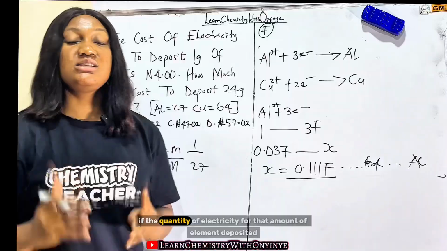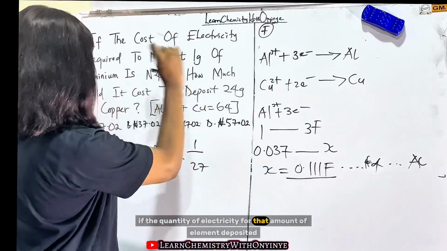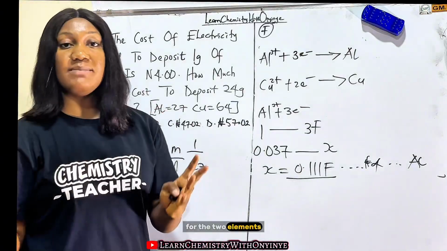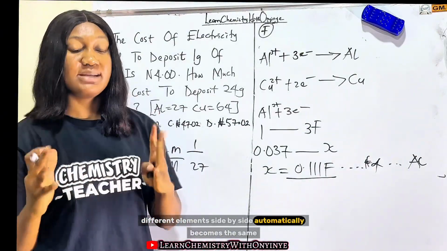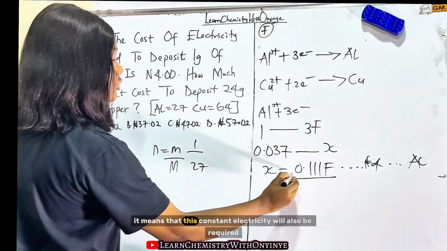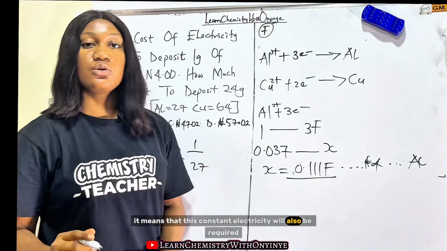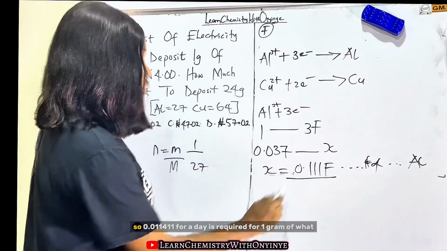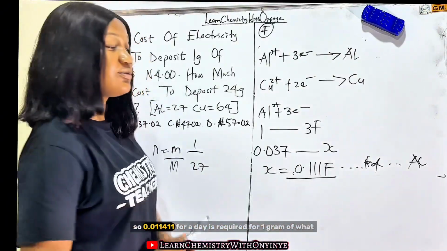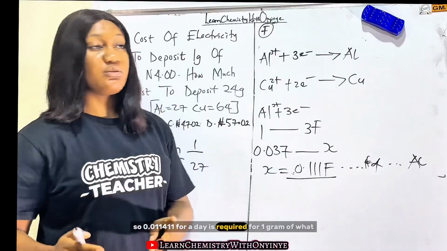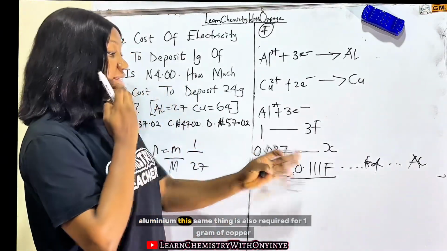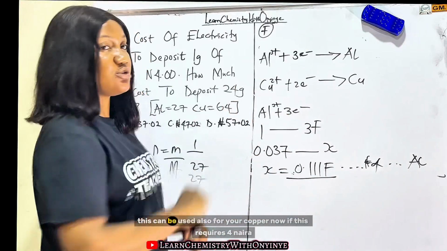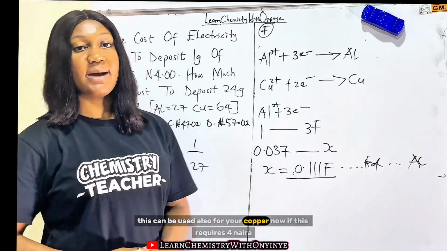If the quantity of electricity for that amount of element deposited for the two different elements side by side automatically becomes the same, it means that this quantity of electricity will also be required for 1 gram of copper. Do you get? So 0.111 Faraday is required for 1 gram of what? Aluminium. This same thing is also required for 1 gram of copper. Hence, this can be used also for your copper.